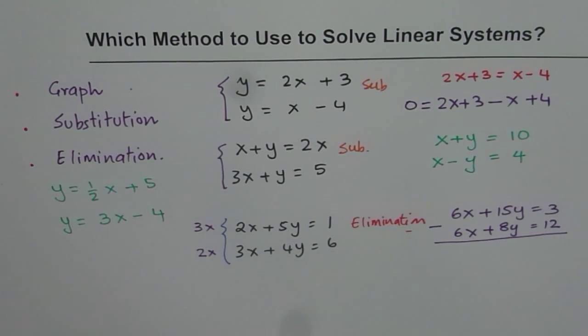So elimination is a general method which can always be used. Substitution is a preferred method if it is easy to isolate one variable in terms of the other without fractions, and for graphical methods, take care that it depends on the accuracy with which you graph. I hope that helps. Thank you and all the best.